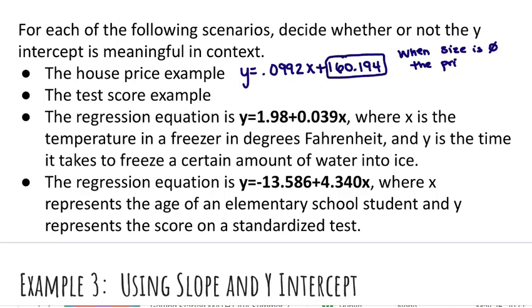The price is 160,194, because remember that's in thousands of dollars. Now, that seems like a price of obviously a cheaper house, but the size can't be 0. So this does not make sense in context of the problem, because you can't have a house that is size 0. The test score example.